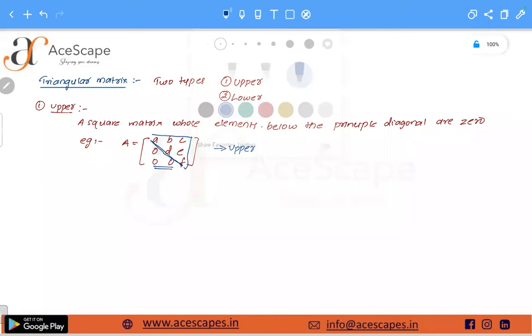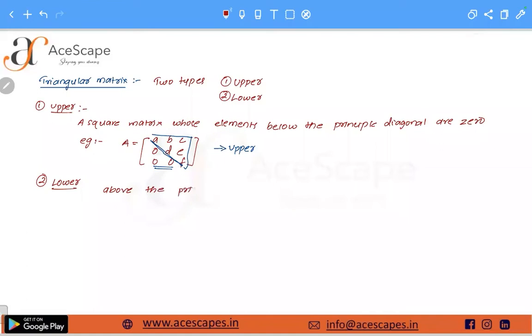Similarly, we have lower triangular matrices. From this definition itself, we can understand what is meant by lower triangular matrix, right? A square matrix whose elements above the principal diagonal are 0. For example, [a, 0, 0; b, c, 0; d, e, f].